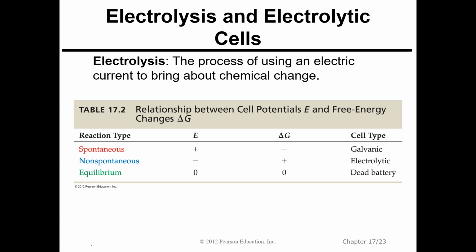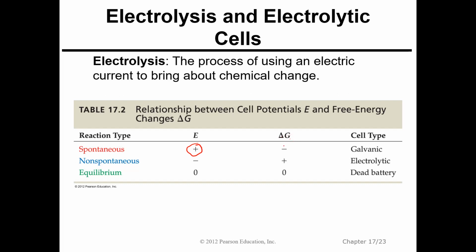So comparing E and delta G, we can use that to look at whether a reaction would be spontaneous and what type of cell that is. So if we have a galvanic cell, the cell potentials under spontaneous conditions are usually positive.